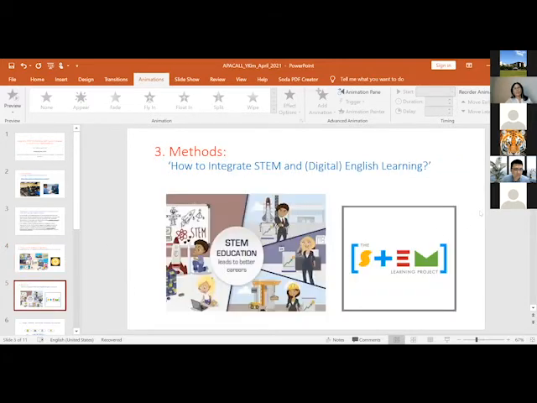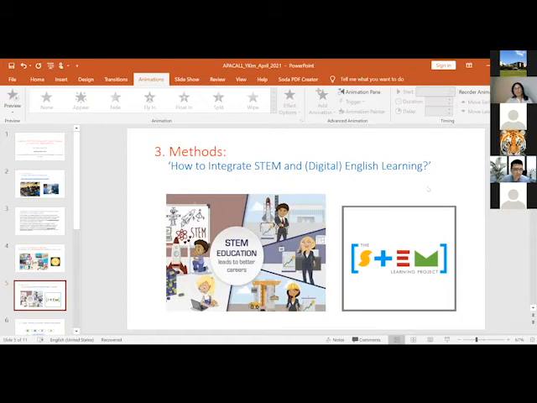Next, I had to figure out how to integrate two seemingly different disciplines of STEM, including computer science and computer information systems majors' work, and English or digital English learning at the same time in the course processes throughout a 4-month period. So I had a hypothesis, or a question to answer throughout the semester and the past couple of years to work on this project.